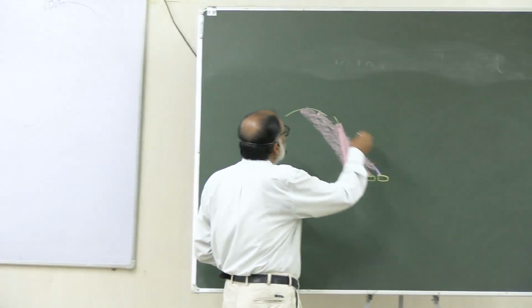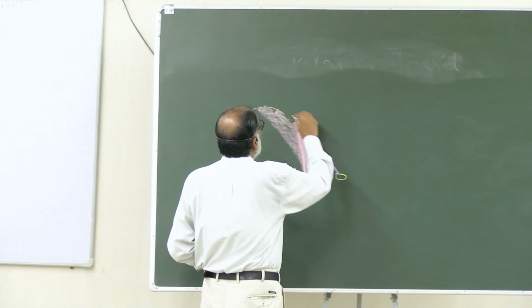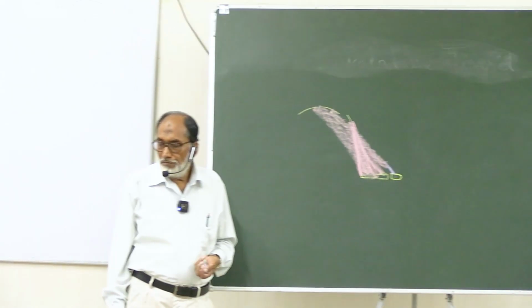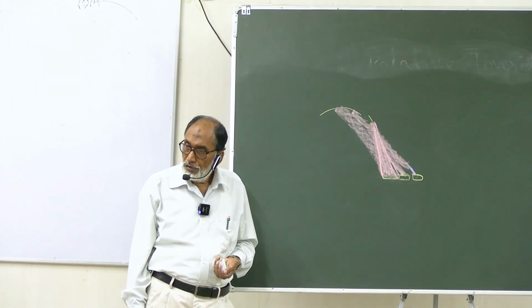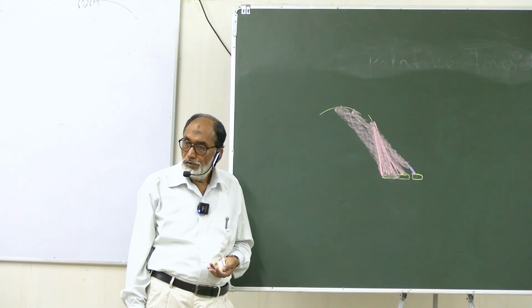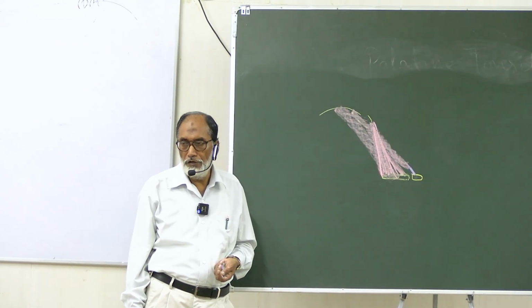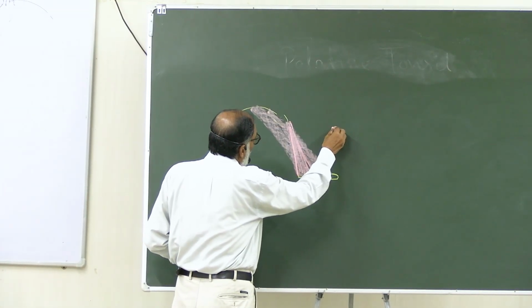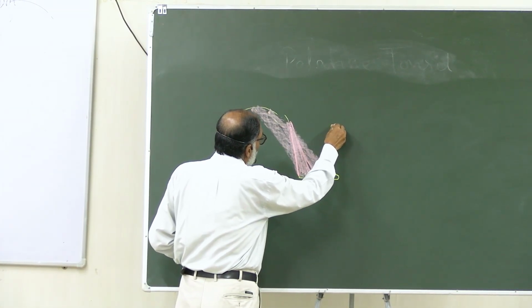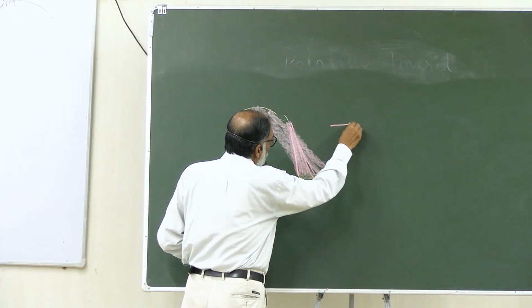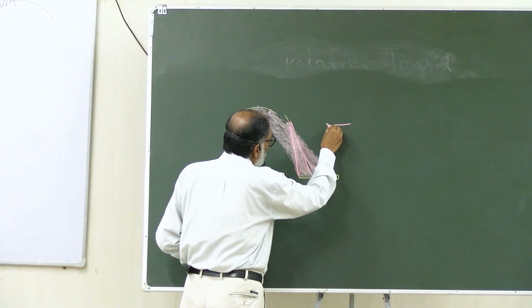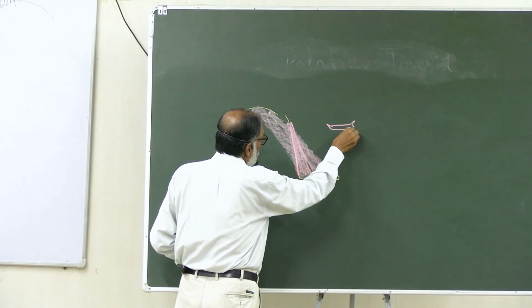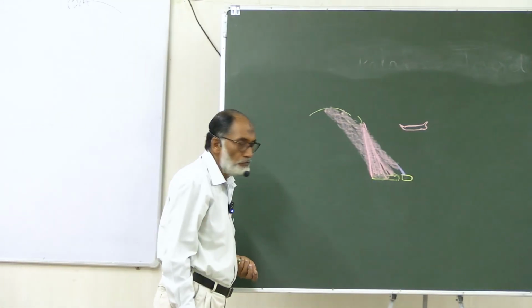Now, come here. So it is the posterior border of which triangle? The carotid triangle. Now here you see, suppose here lies the hyoid bone.